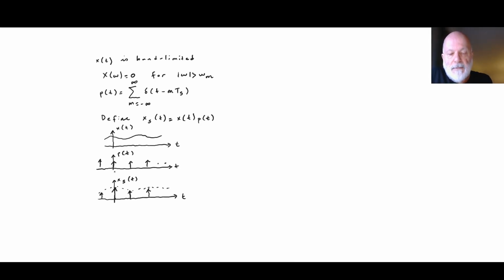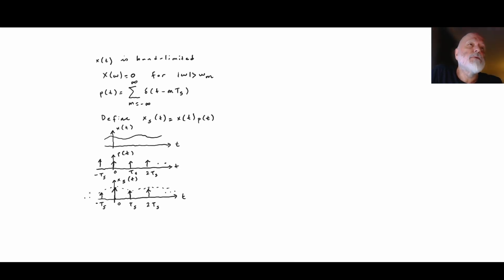These time instants are 0, ts, 2ts, minus ts, etc., in both directions, as t tends to larger positive values and to negative values. Okay, we have sampling with the impulse train.